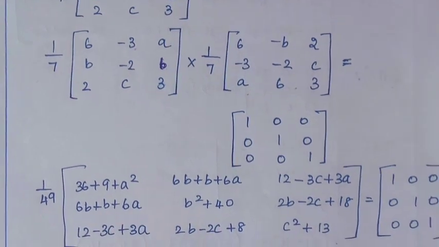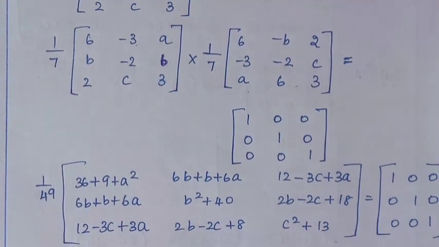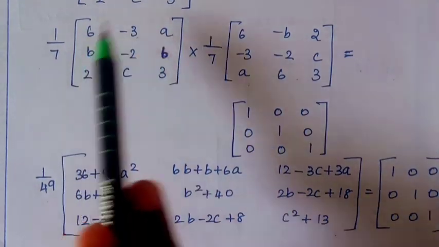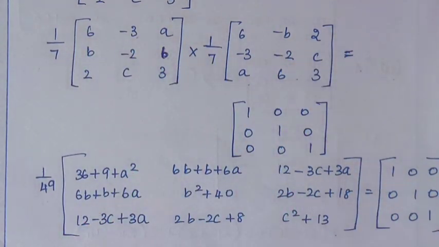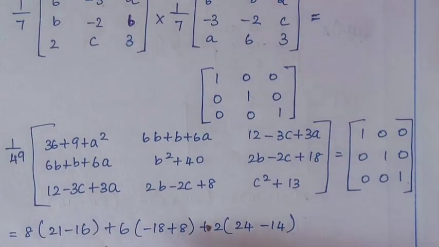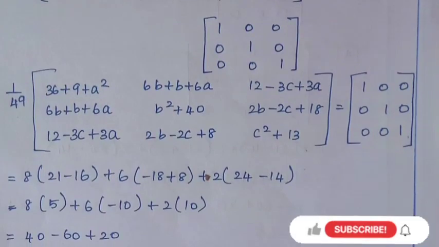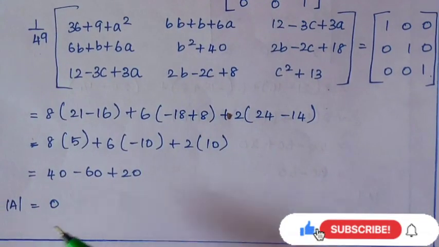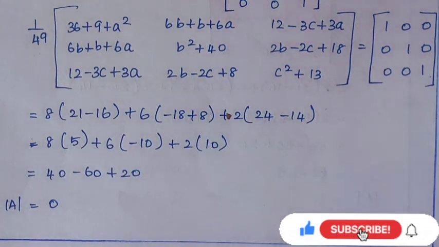Then 1 by 49, we have to multiply it. 7 sevens are 49, and then we multiply, we get this, and at last we write this and multiplying at last we get A modulus is equal to 0.